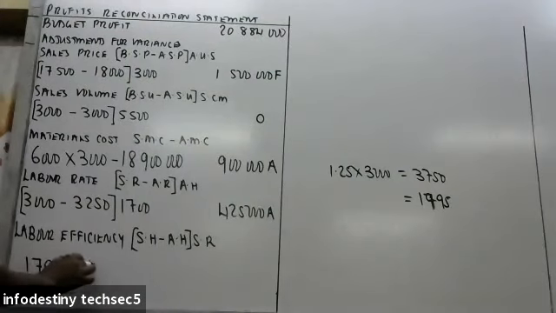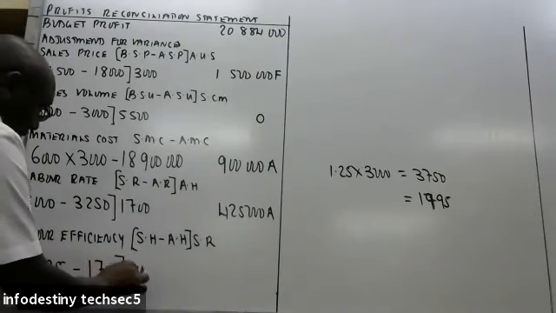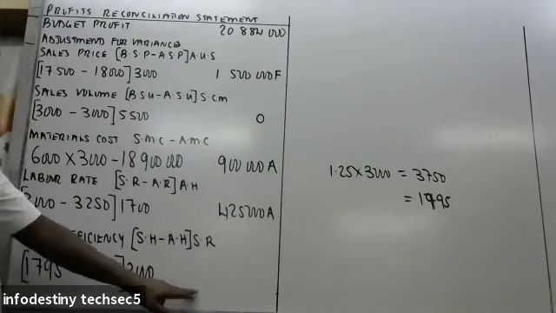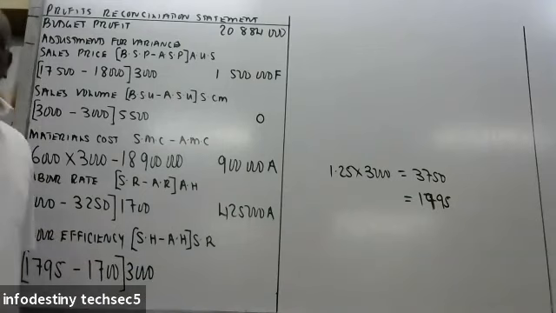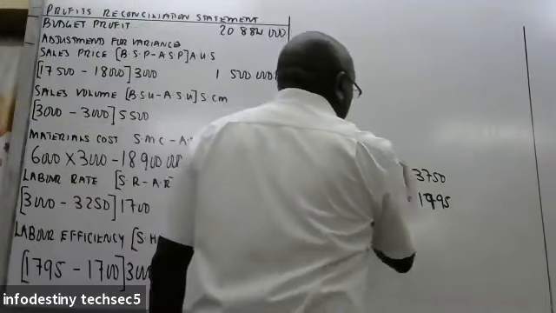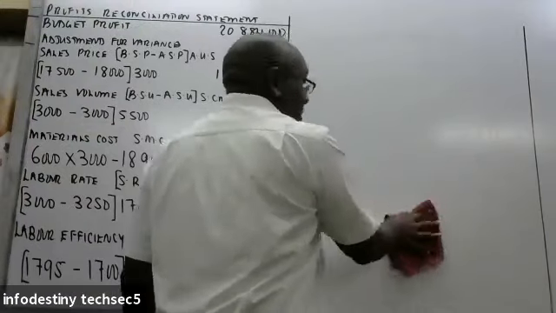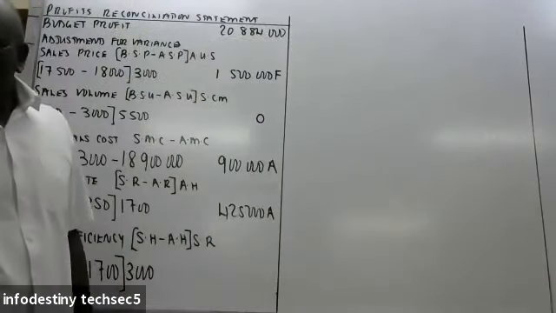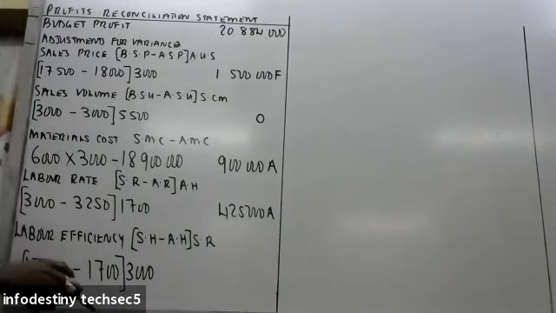The actual hours are 1700. And the standard rate we know is 3000. So work that out and give me the variance.